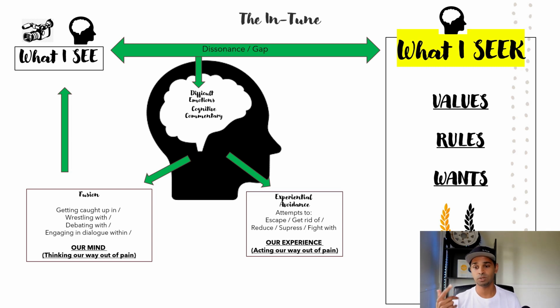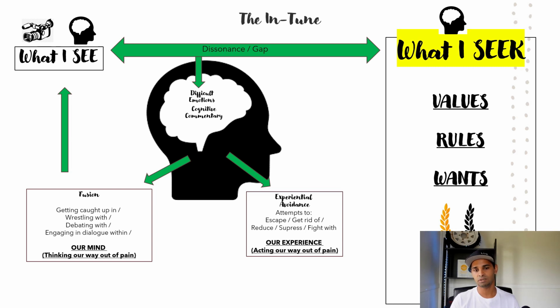The second is the things I want, which might be different to values. And then rules, what I think I should have, or I should be like. Rules might be ways that we evaluate ourselves.